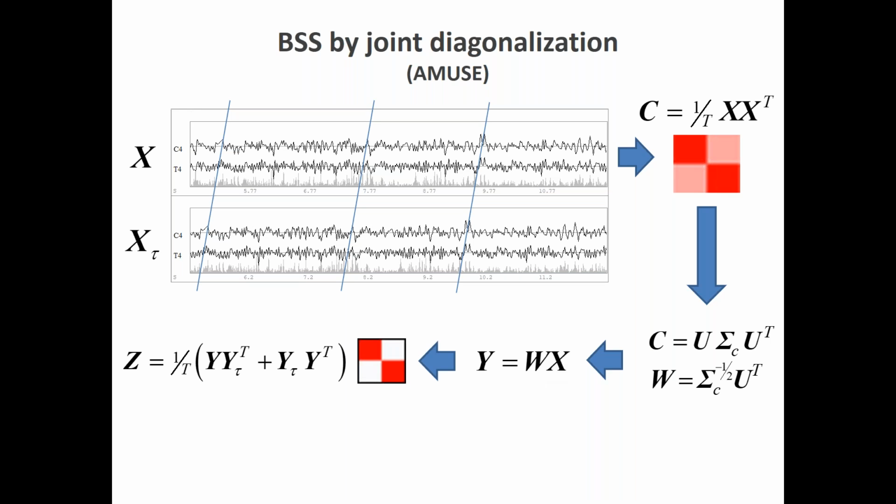In order to do that, we consider this so-called autocorrelation matrix. So this is our whitened data multiplied by the same data but shifted in time. Here I've graphically represented what that means. Here you have some data, and here you have the same data with a lag, given by the Greek letter tau. You see, those samples are like those samples. So we are just shifting the data a little bit, nothing special.